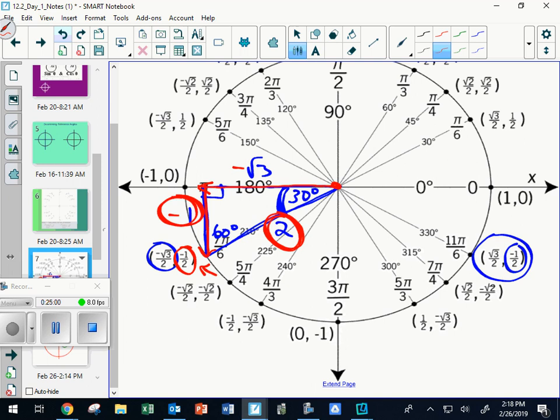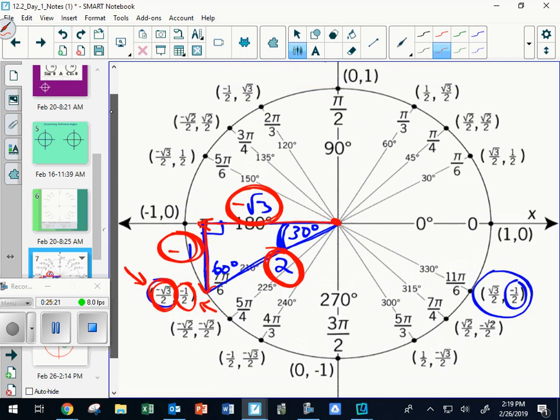And if I wanted to ask you what the cosine of 210 is, it's the X, because cosine is adjacent over hypotenuse, and therefore it's that. All right, so now can you buy this at least?